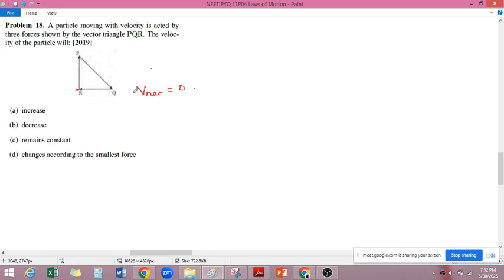Sorry, it's not a V net, it is F net. So the force is 0. So since force is 0, acceleration is 0. Since acceleration is 0, V will be constant. So velocity remains constant.